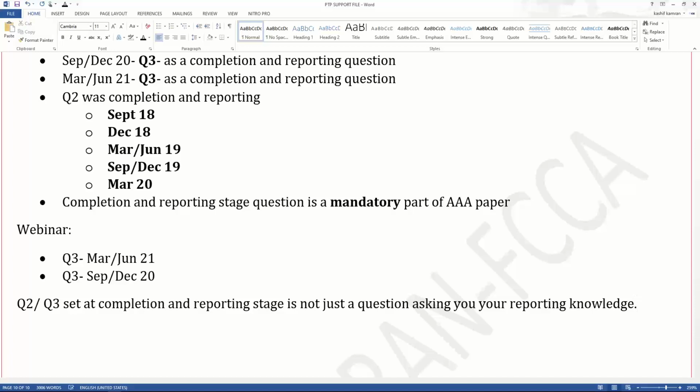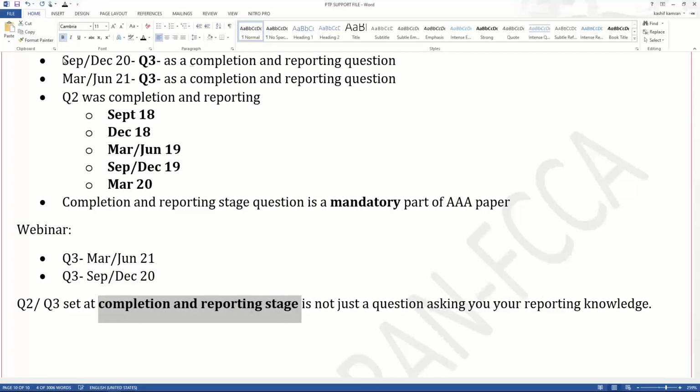The 25 marks question, whether it is 2 or 3, is a combined question. It is a completion and reporting stage question. So in the 25 marks, there will be certain marks from completion and certain marks from reporting. So be very careful, right?